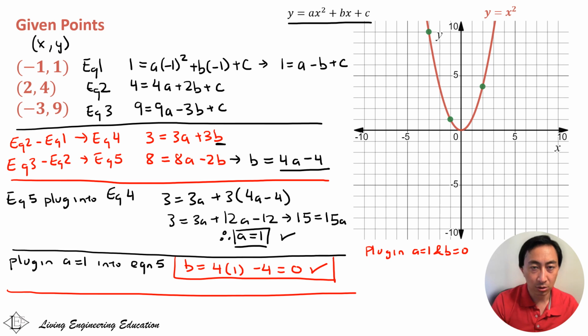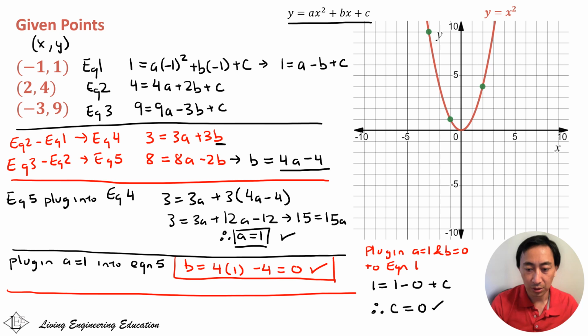Let's do it to equation 1. All right, so we'll get 1 is equal to A, which is 1, minus B, which is 0, plus C. So we can see clearly there, C is equal to 0. And all of that checks out, right?